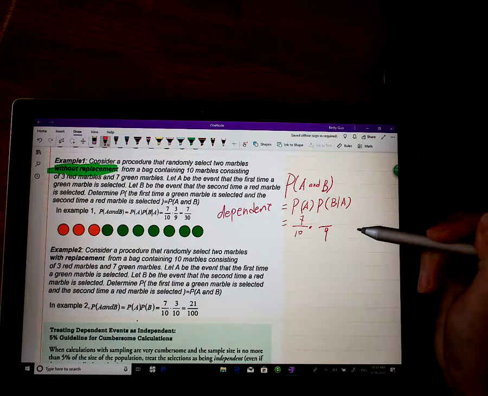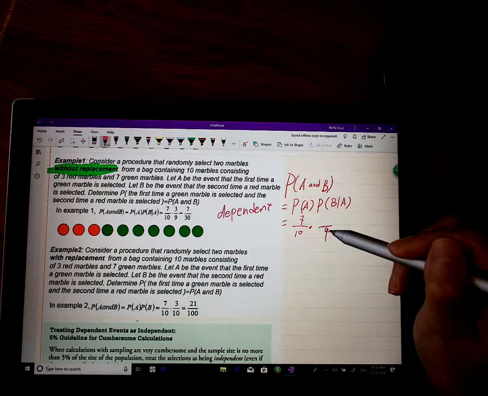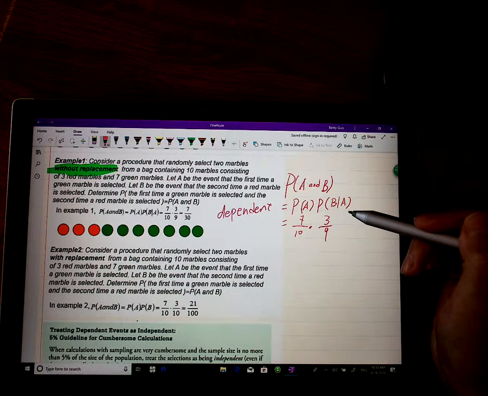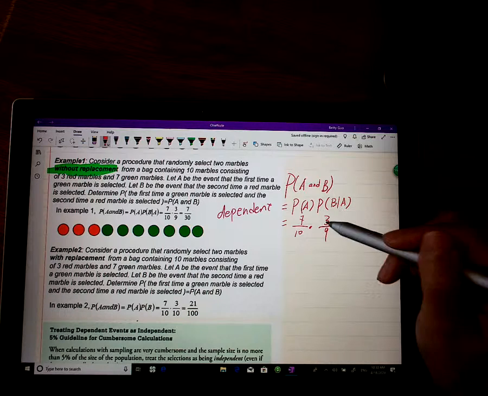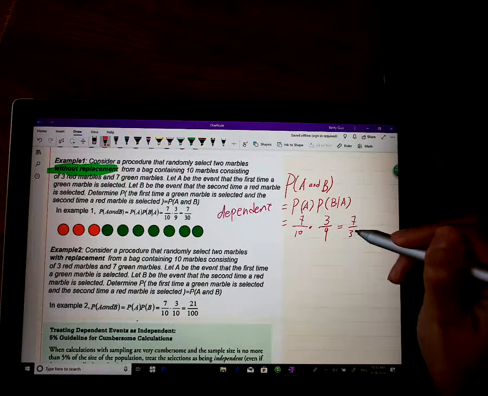So you have 9 marbles only when you take the second marble. Among the 9 marbles, how many of them are red? 3. Because you took away a green marble. You still have 3 red marbles, right? So you multiply them together, you have 7 over 30.